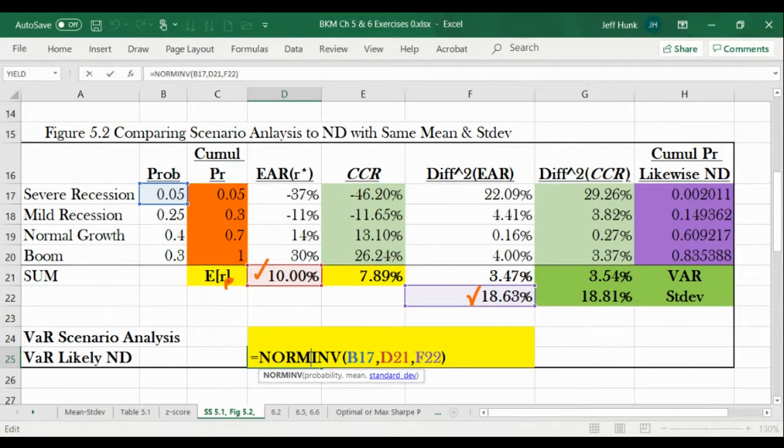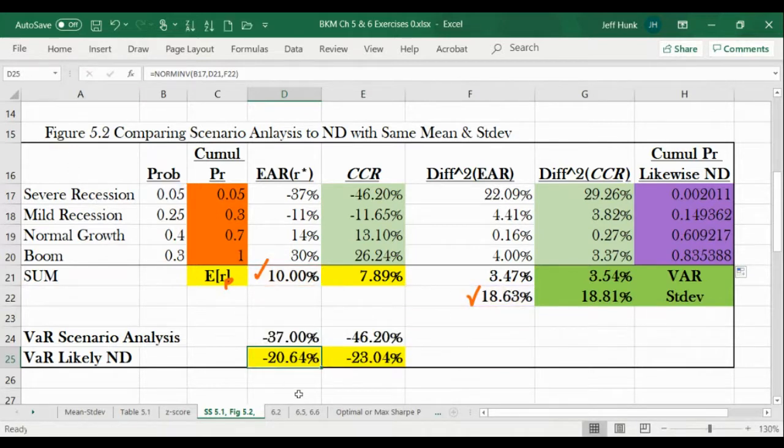If it were 5%, bottom 5%, we use the normal distribution inverse function, and then it will give you the z score based on that probability. I mean, if the probability were really 5% for bottom 5%, and given this mean and given this standard deviation, it would be something like this, right?